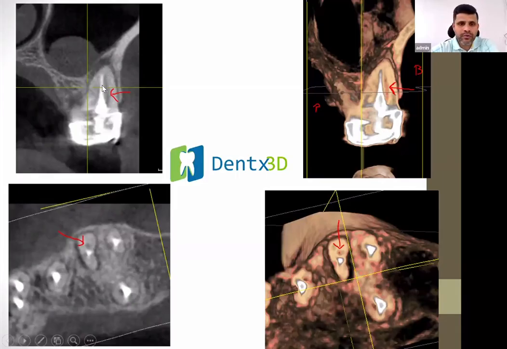MB1 and MB2. Here the MB2 is filled and MB1 is missing. Also, the obturation is short of apex, right? So this MB2 canal presence is seen only on the CBCT scan. Also, you can see a small periapical radiolucency here, and this is a mucosal thickening.